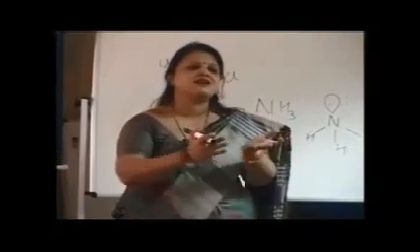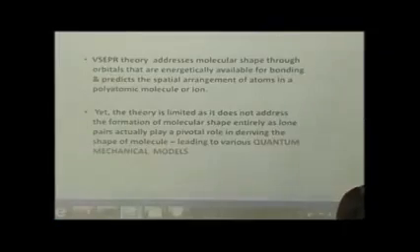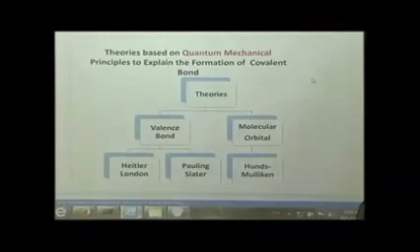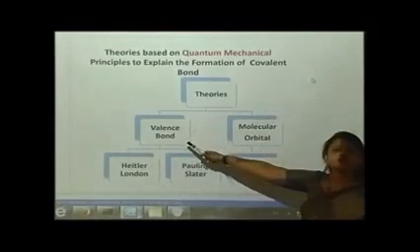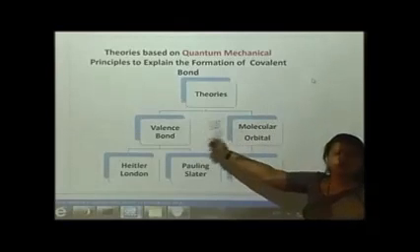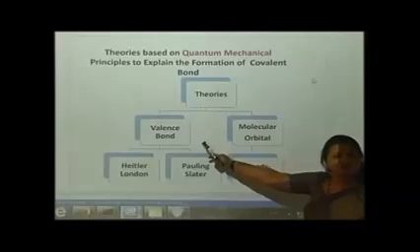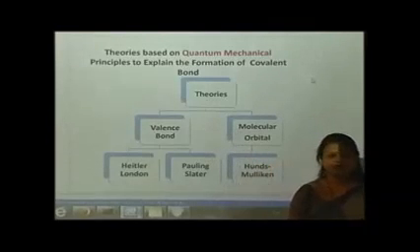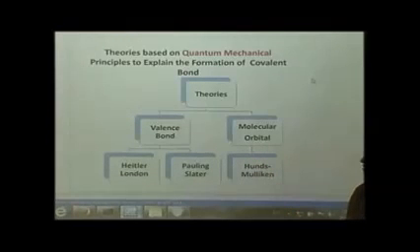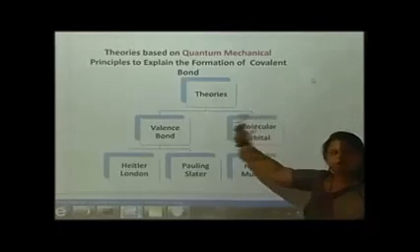That was nothing but the quantum mechanical treatment. So, here we will take help of quantum mechanics and slightly try to modify the VSEPR theory. When we talk about quantum mechanics, there are broadly two theories which can be discussed, the valence bond theory and the molecular orbital theory.